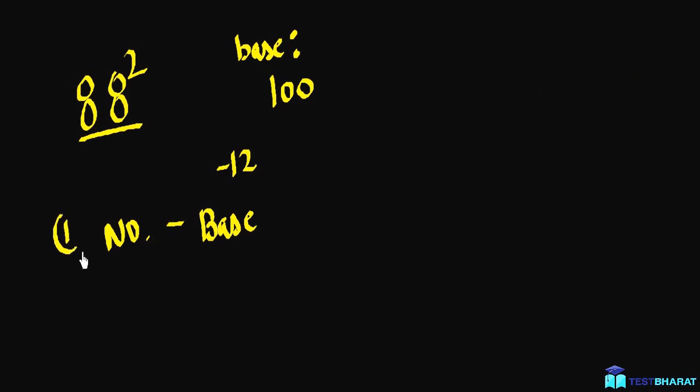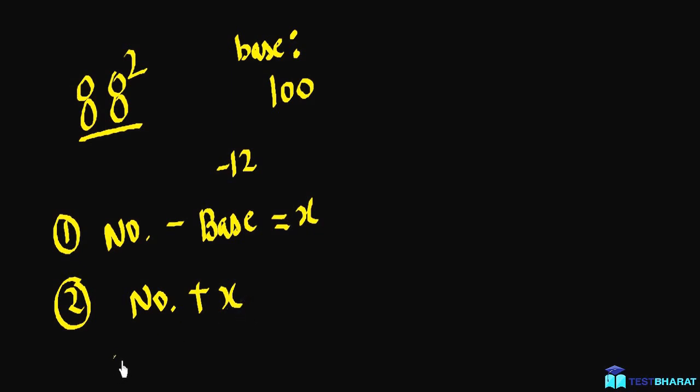This is our first step. In the second step, we will find number plus whatever we found. Let's say this is x, so we will add it to the number. And in the third step we will find the square of x, that is x square, and we are done.